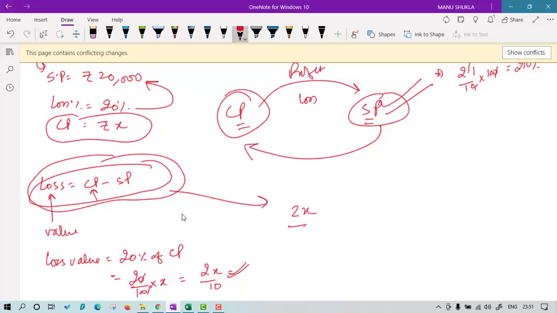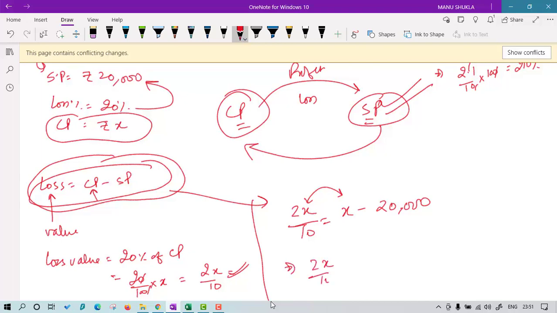So 2x upon 10 is equal to CP, which is already x, minus SP, which is 20,000. Now we know from chapter number 4, simple equations, that to find the value of a variable you have to isolate it. You have the same variable in two places, better you keep them together. So let's bring this x to the left hand side.